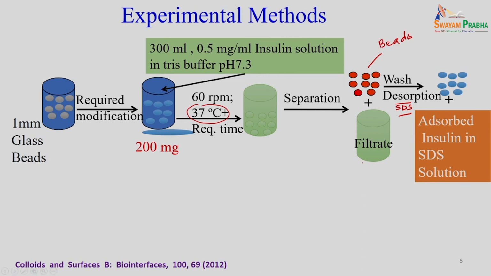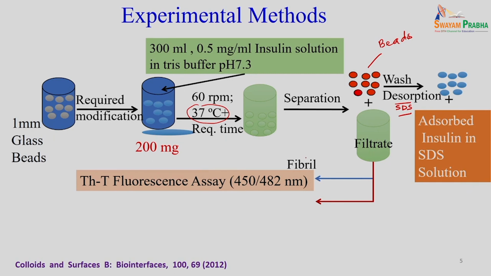Also we have the filtrate, which has the residual protein as well as the aggregate if formed. So, if you analyze this filtrate we can see whether there is an aggregate and also what is the remaining amount of protein.